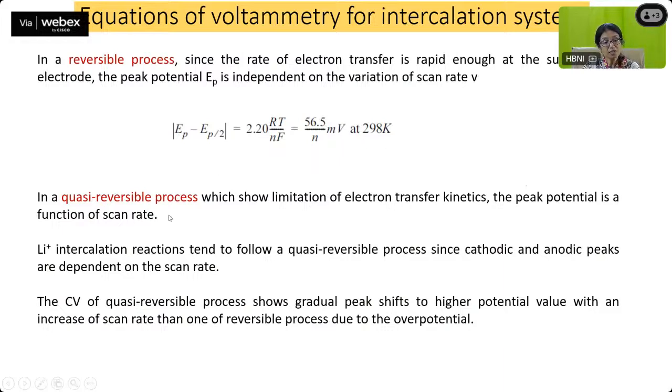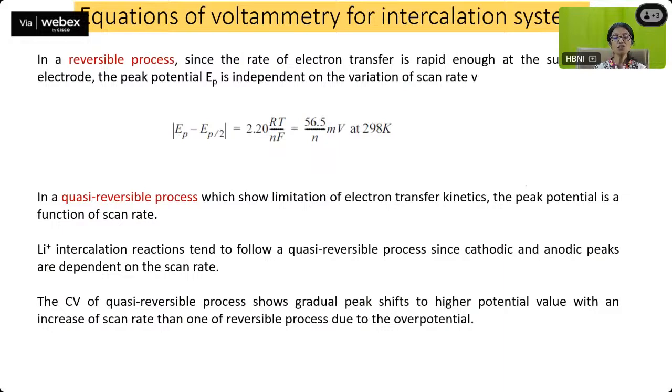Now in a quasi-reversible process, which shows limitation of electron transfer kinetics, the peak potential becomes a function of the scan rate. Now you have to remember that lithium intercalation reactions, that is when you have this lithium intercalation in the graphite, tend to follow a quasi-reversible process, since cathodic and anodic peaks are dependent on the scan rate.